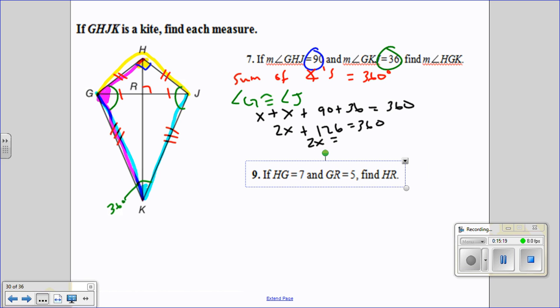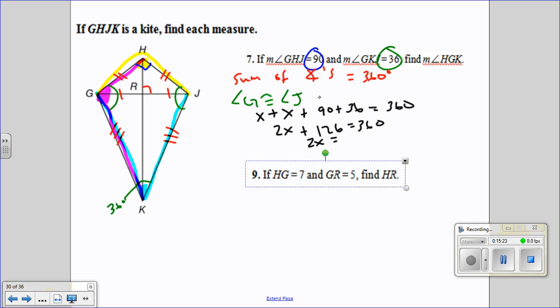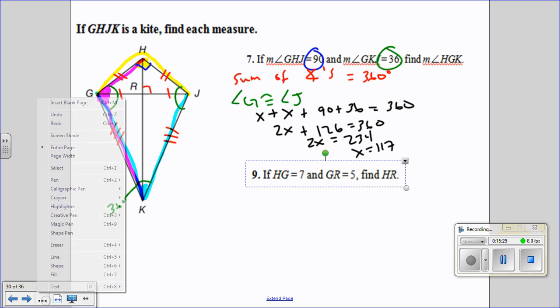So angle G, what we're looking for, is 117.